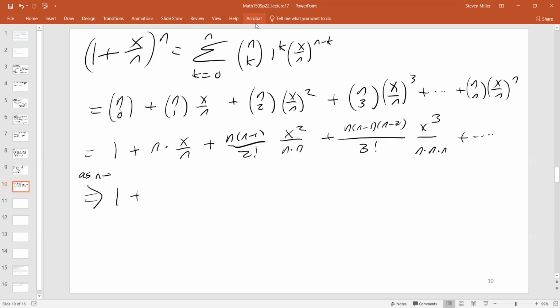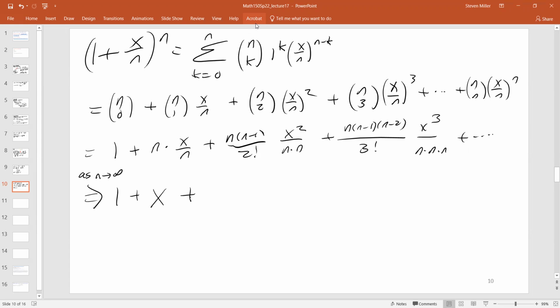So as n goes to infinity, what does n times x over n go to? It goes to x. Now for the next one, we have n minus 1 over 2 factorial times n times n, n over n times n minus 1 over n times n.